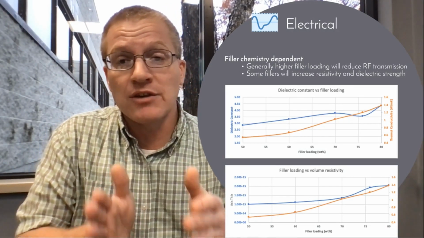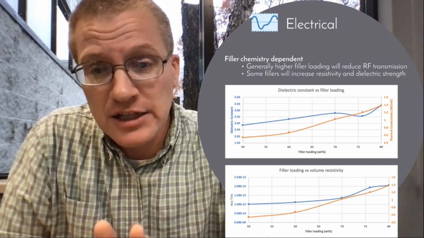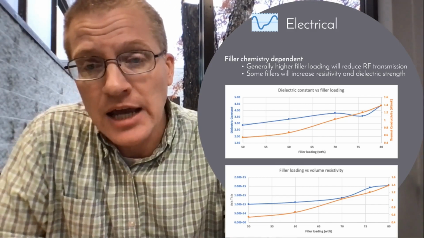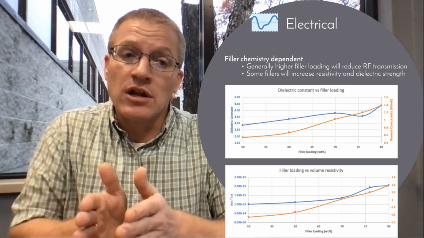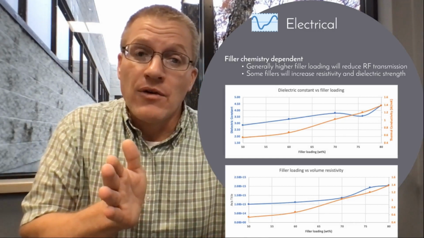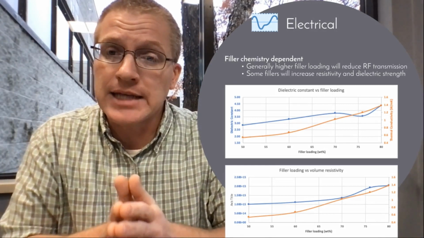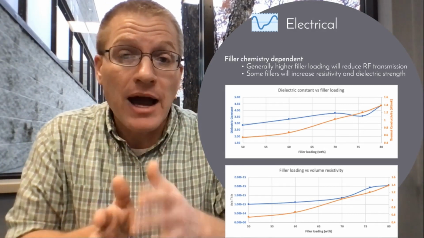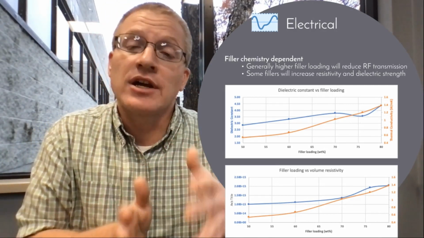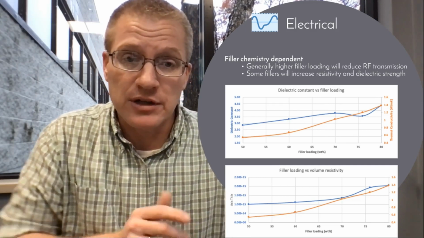So if you want really, really high thermal conductivity, and we have to use aluminum oxide, you're going to be stuck with the electrical properties to a certain extent. Now we can adjust the polymer, and there's certain things that we can do on the formulating side, but the aluminum oxide is going to dictate a lot of the electrical properties in that final material, all right?